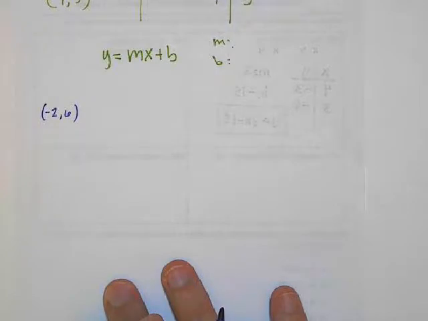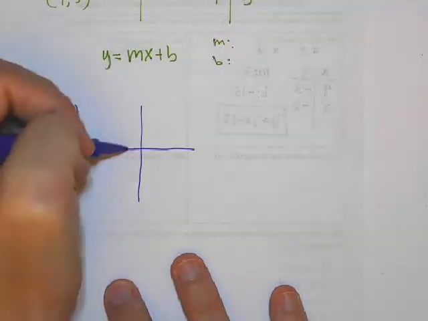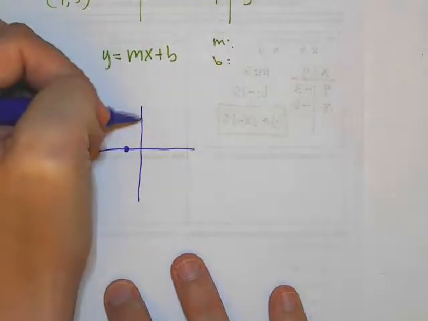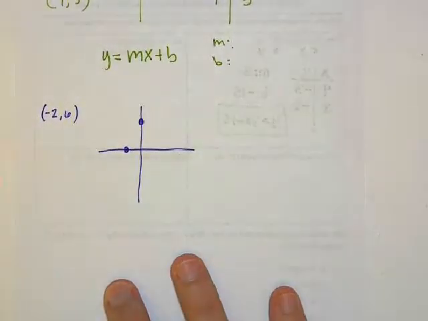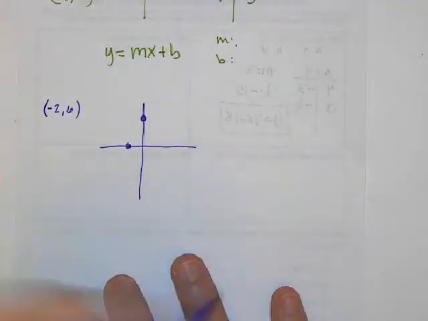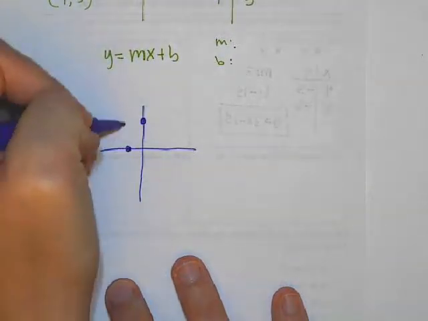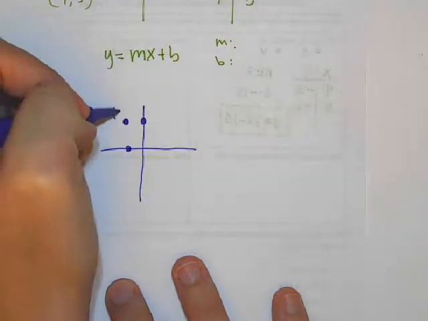Is that right? No. If I was to graph x-intercept of -2, y-intercept of 6, how many points do I have? 2. How many ordered pairs should I have? 2, because I have 2 different points. How many ordered pairs does this give me? 1. And if I was to graph -2, 6, that would give me this.